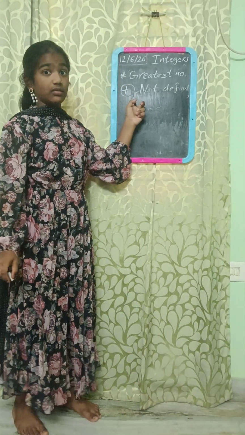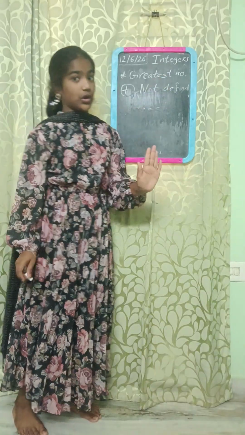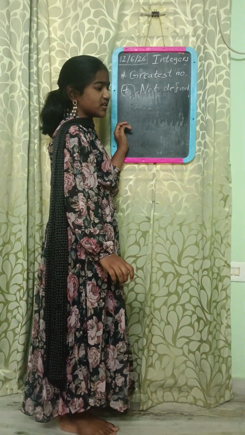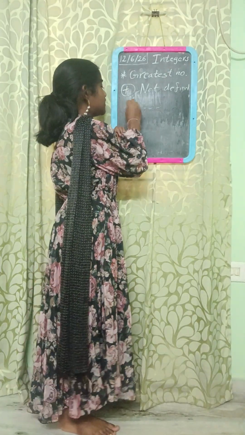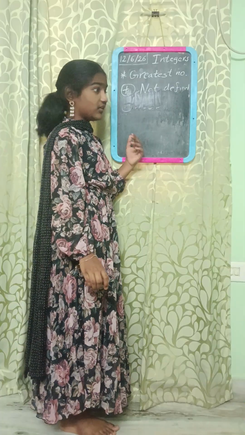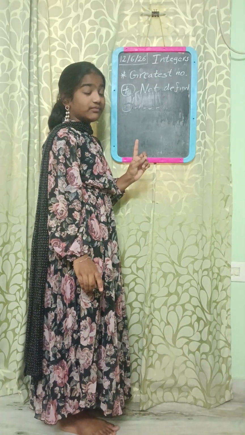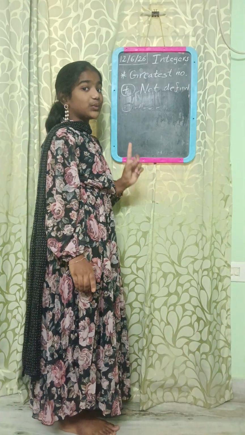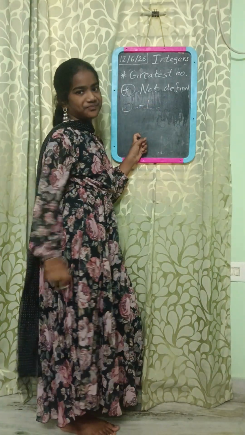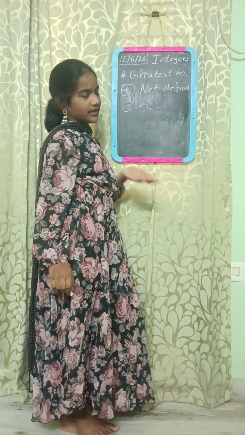In positive case, that too greatest, not smallest. And next, the greatest number in negative. Are you thinking it is also not defined? No. The greatest negative integer is -1. And the smallest we can't identify.